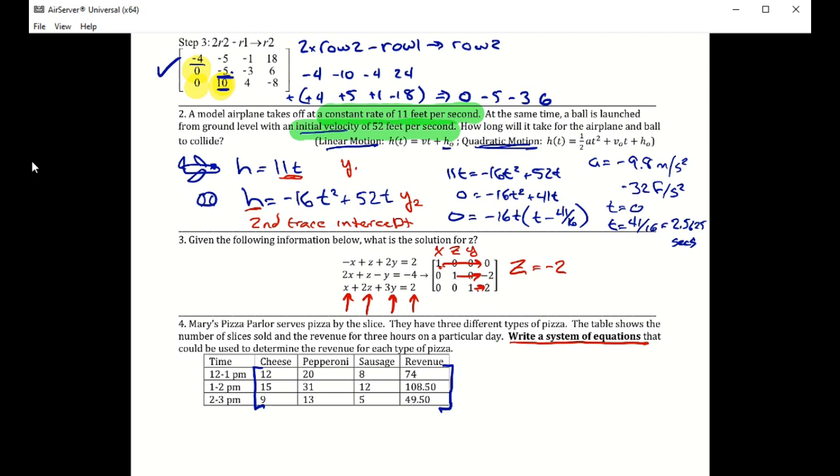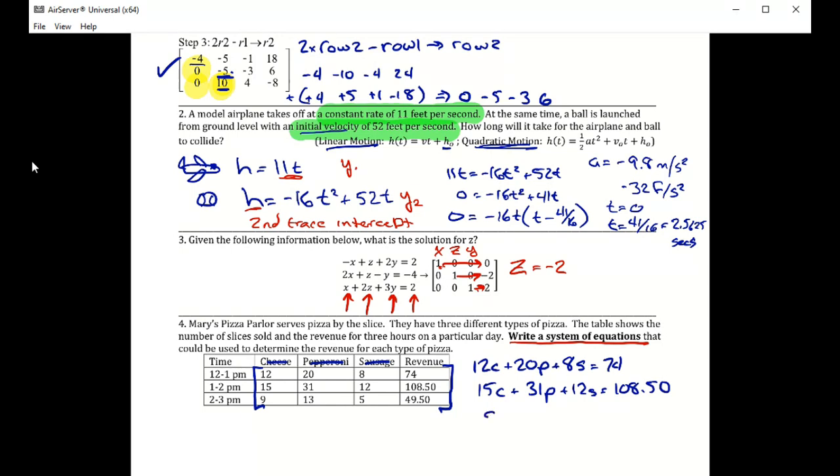All we need to do to write our system is create some variables. And the easiest way to do that is we're just going to use the first letter of each of our pizza types. So we have 12 cheese pizzas plus 20 pepperoni pizzas plus 8 sausage pizzas equals 74. We have 15 cheese plus 31 pepperoni plus 12 sausage equals 108.50.